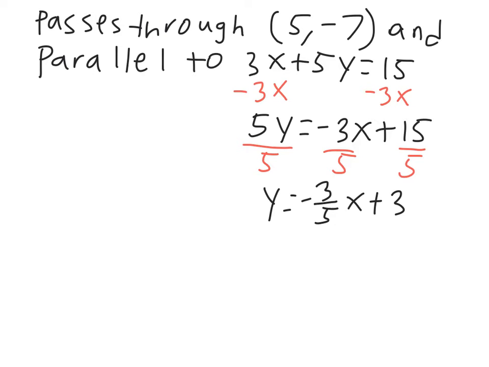Now we look at the slope of this line, -3/5. Since it's parallel, the slope of our line is going to be exactly the same as the slope of that line, -3/5.